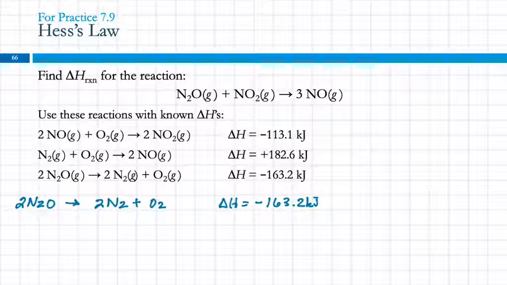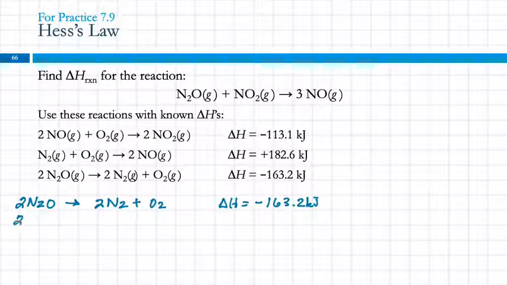So I've got N2O on the correct side. And I want NO2 on the reactant side as well. So I'm going to look for NO2. This one has NO2, but it's on the product side. So I need to reverse this. I'm going to write this one backwards. So I'm going to put the reactants on the product side and the products on the reactant side.